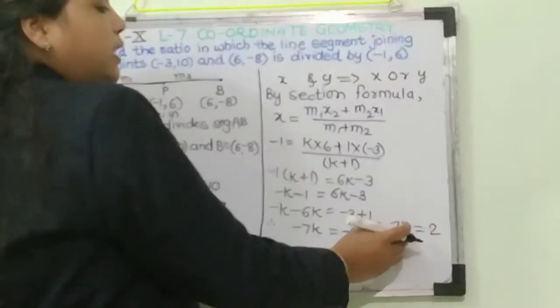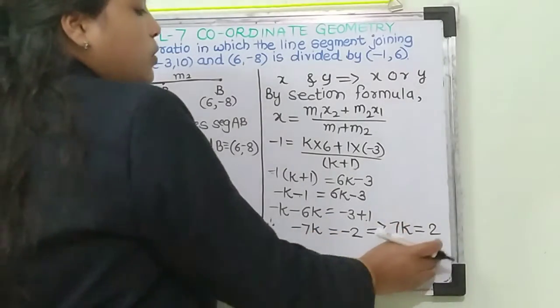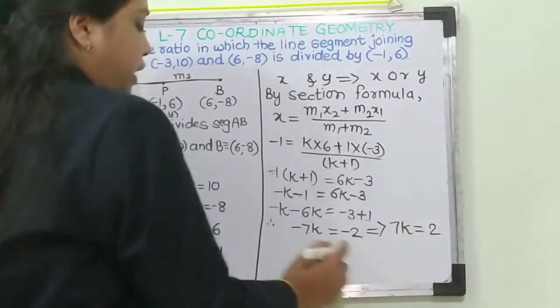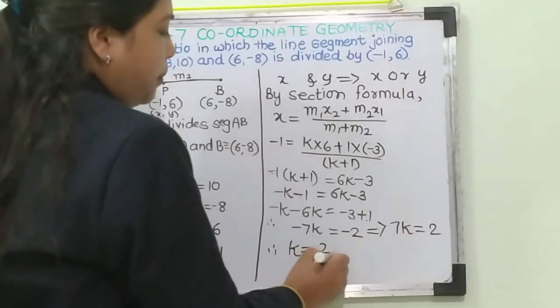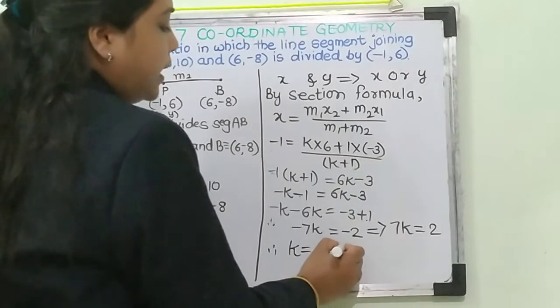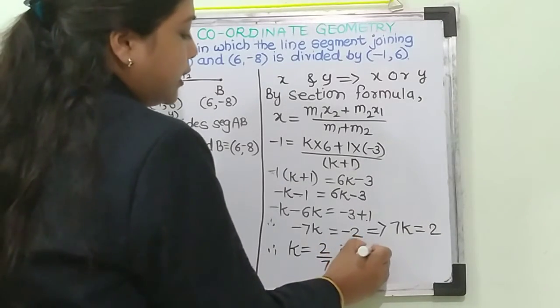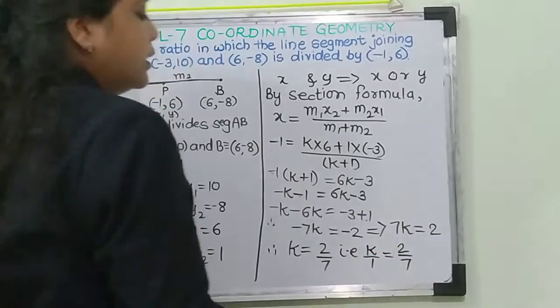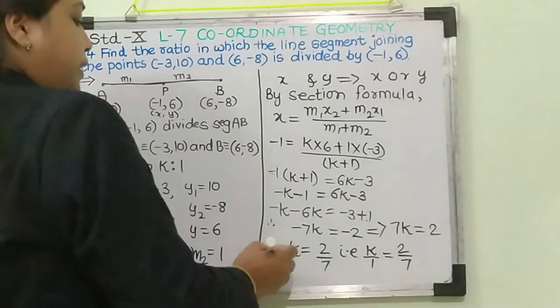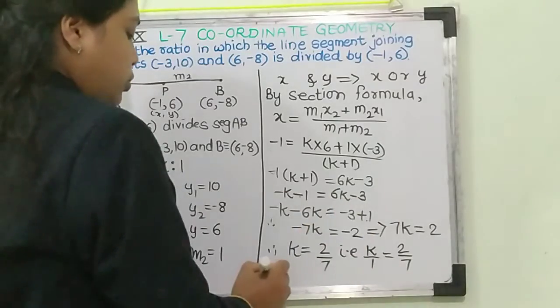Now 7 is multiplied here to k, 7 goes to this side, it becomes divide. Hence we get k equals 2 upon 7, that is, we can write k upon 1 equals 2 upon 7, and it is the required ratio.